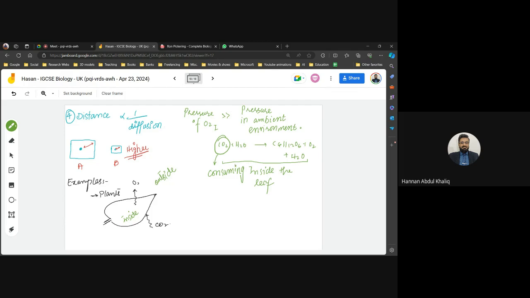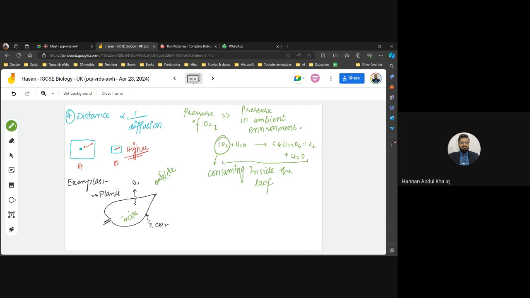If the plant is constantly consuming the carbon dioxide, it means it is getting lower and lower inside the leaf. So its concentration would get lower and lower, and it would be diffusing in again and again, so that the plant can perform photosynthesis. Got it? So that is why it all happens.